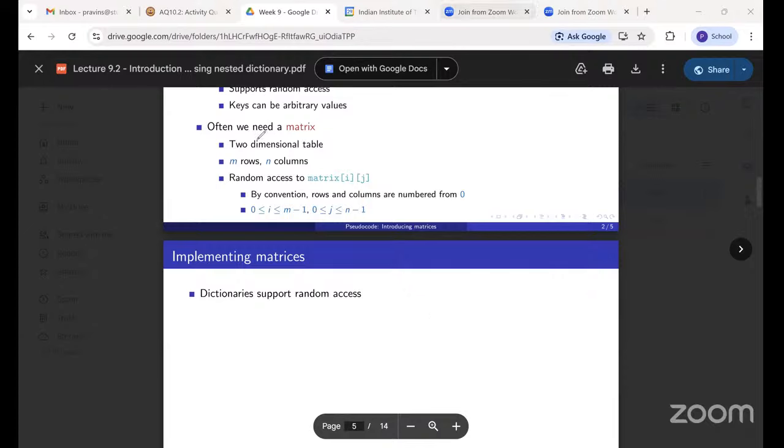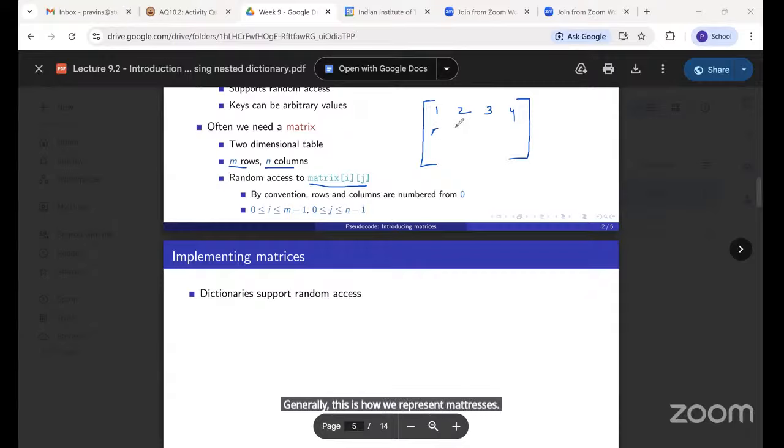So we access the matrix using matrix of i, j, right? Generally, we have m rows and n columns. I think in Maths 1 also the matrices have been started. So the matrix will look like this structure. This is how we represent matrices, right?